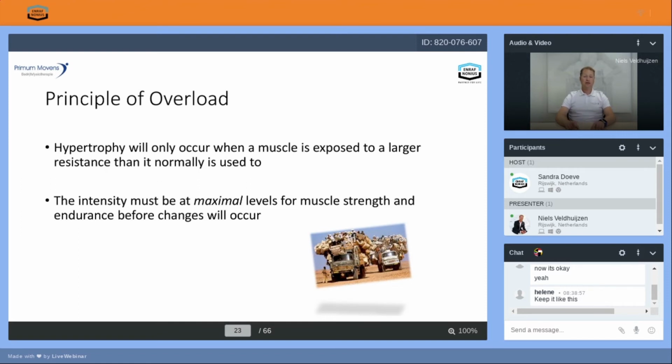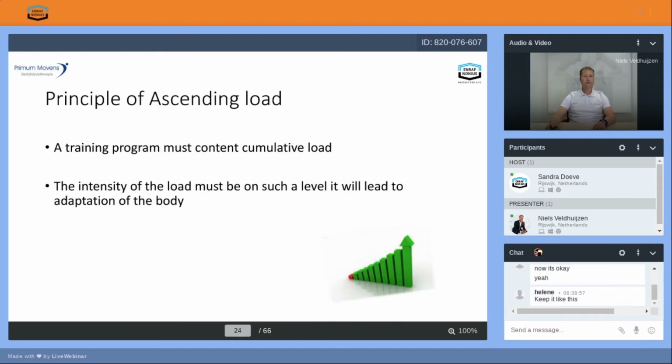And maximal levels mean maximal levels of the patient themselves. You have the principle of ascending load. A training program must contain a cumulative load, which means that the intensity of the load must be on such a level that it will lead to adaptations of the body. If you expose your patient to a certain load, you must make it a higher load in time in order to keep the progression continuing.